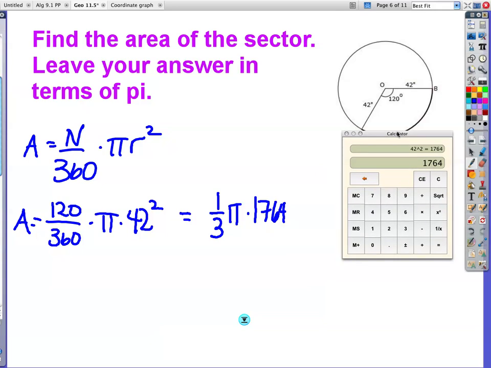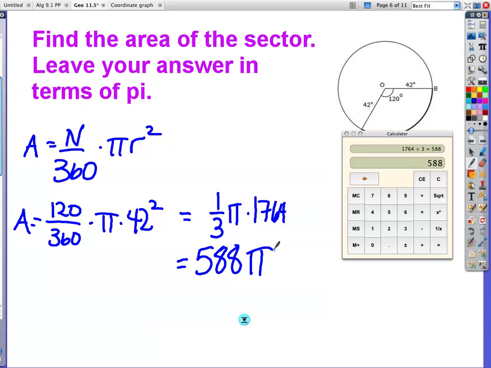Once again, I'm not going to take it times the pi button. So I'm basically taking 1/3 of 1,764, or I could divide 1,764 by 3, which is the same as taking 1/3. I get 588, and then I keep the pi there. So my answer is 588 pi.